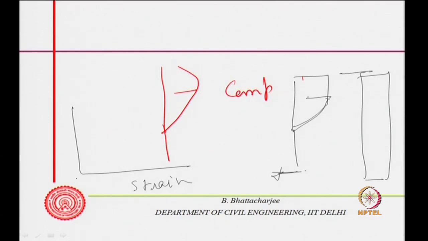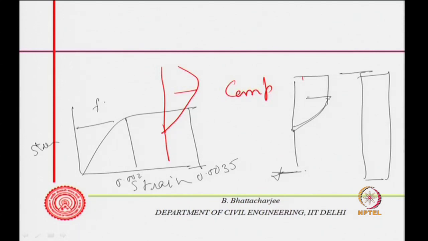The stress versus strain curve is idealized, with 0.002 here and 0.0035 here, and this is fc, the maximum failure stress. This is an idealized stress strain curve of concrete.